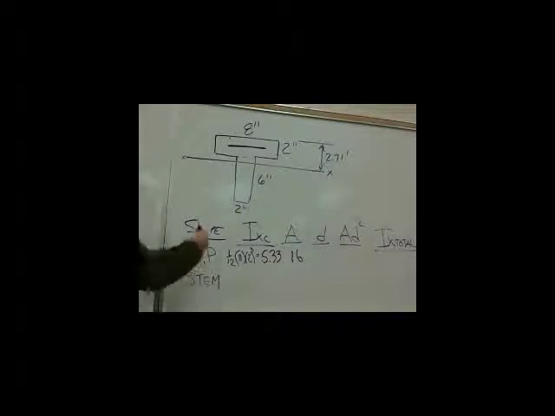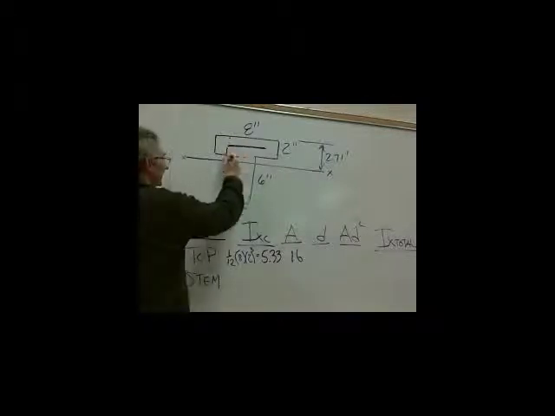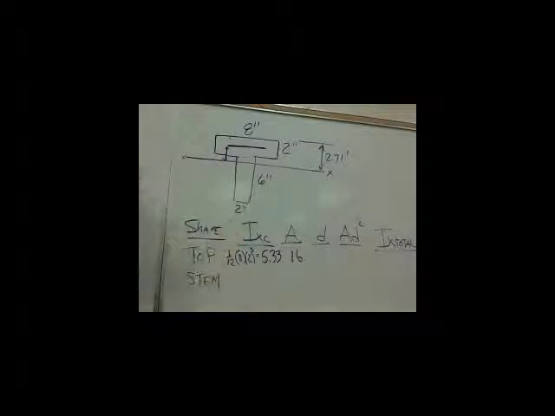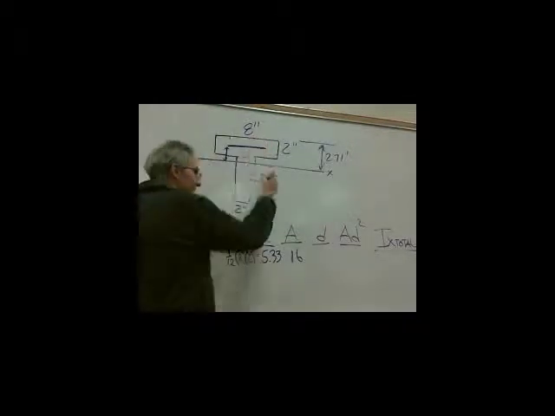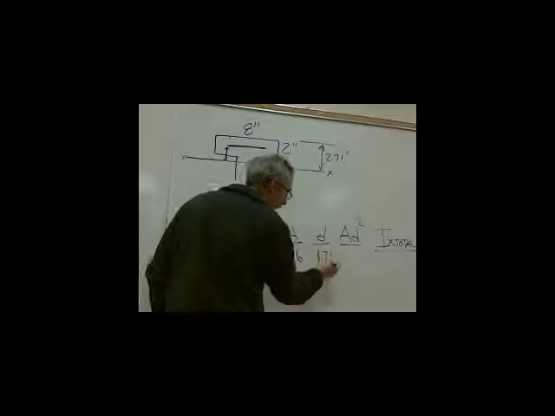So what is my D distance from the centroidal axis of the shape, the top rectangle, to the new axis? 0.71 plus 1 inch. 1.71. Okay, because you're 1 inch down to get to here, so it's 1.71.